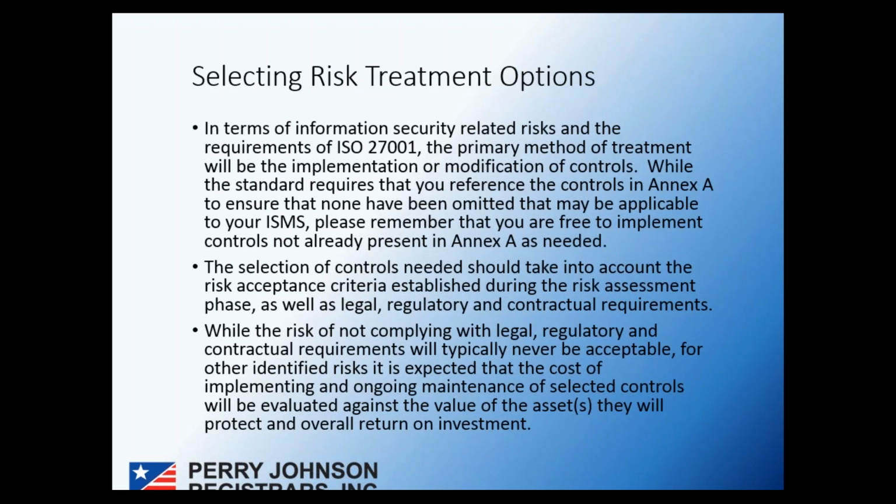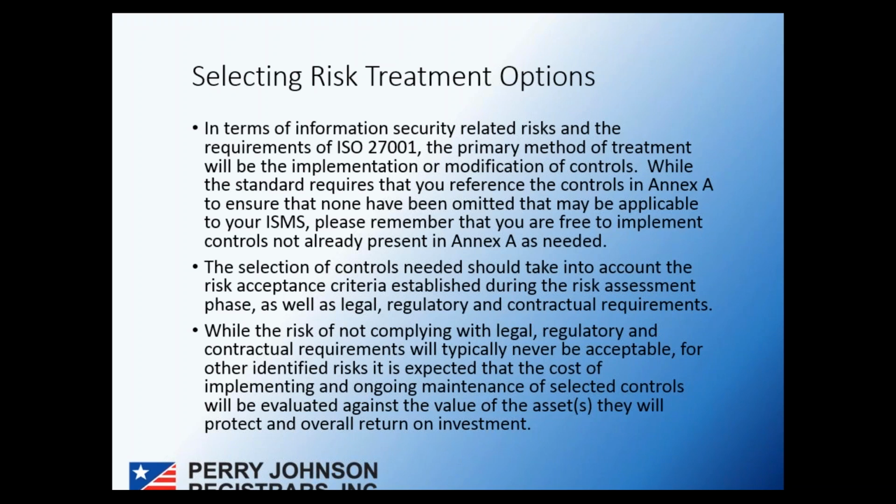In terms of information security related risks and the requirements of the standard, the primary method of treatment will typically be the implementation or modification of controls. While the standard requires that you reference the controls in Annex A to ensure that none have been omitted that may be applicable to your system, please remember that you are free to implement controls that are not already present in Annex A as needed.